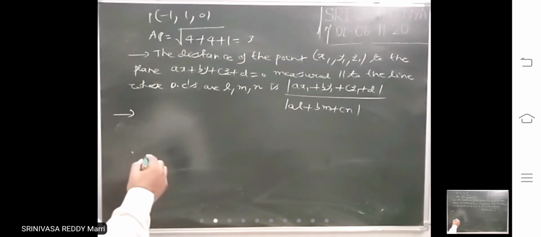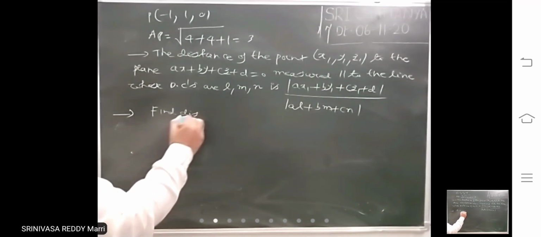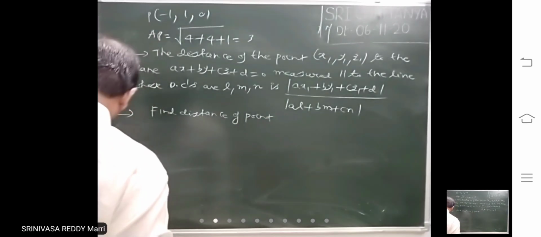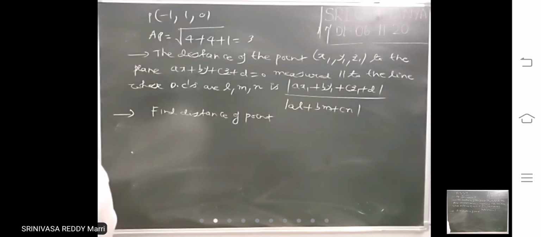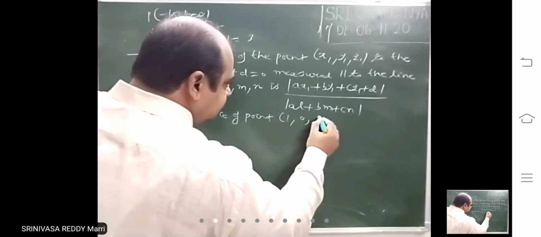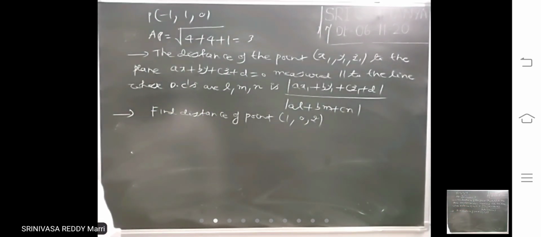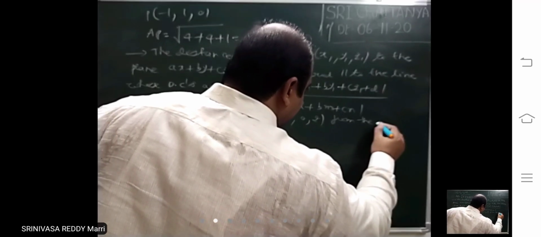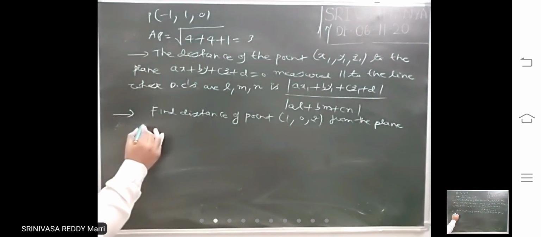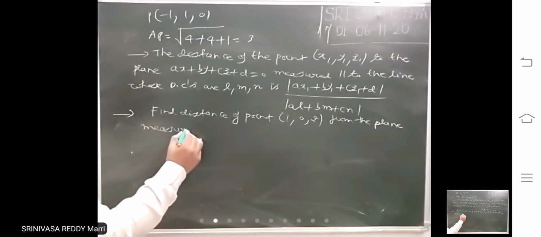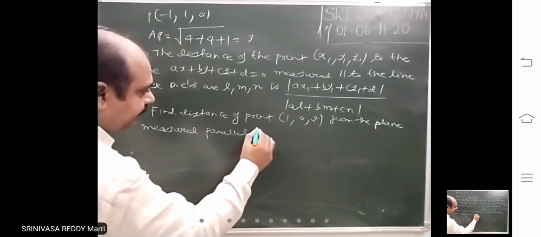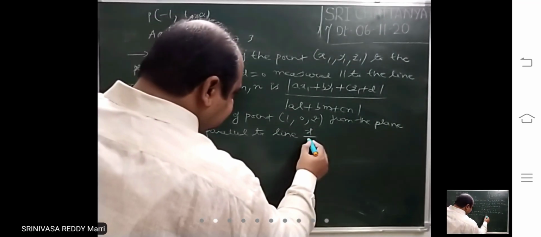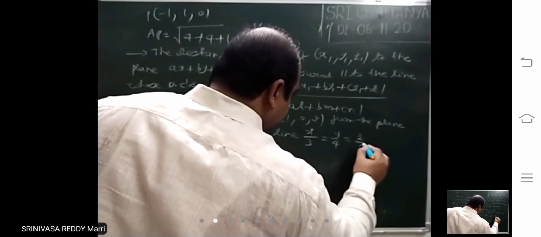Look at how to use the formula. Find the distance of the point 1, comma 0, comma 2 from the plane measured parallel to the line x by 3 equals y by 4 equals z by 0.